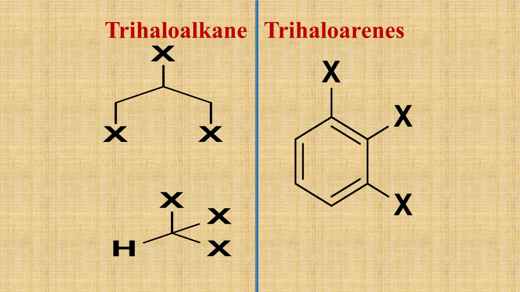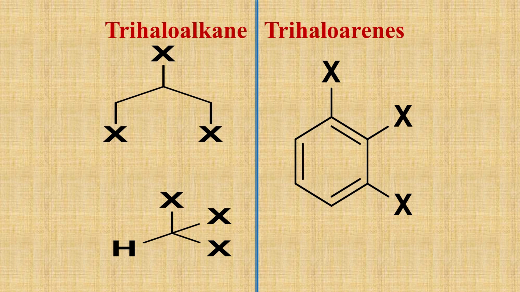Trihaloalkanes are again of two different types. The first one you see at the top has one halogen attached to each carbon. In the structure below, on the left side, one carbon is attached to 3 halogens.